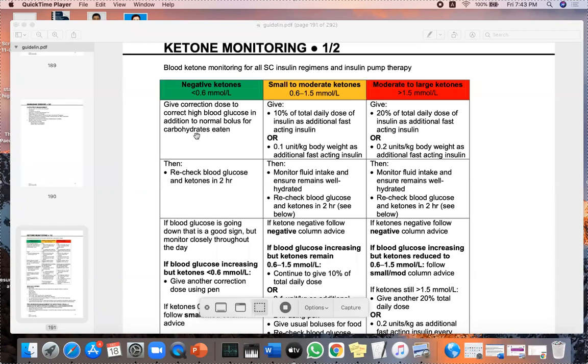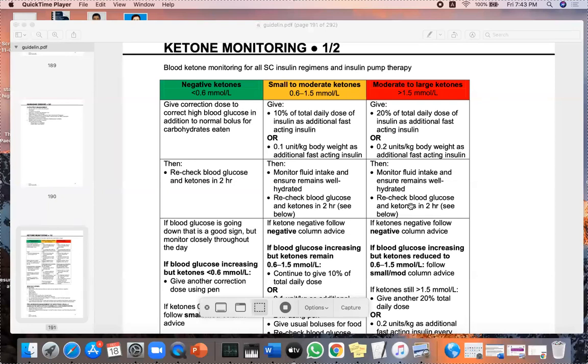So when any patient, a known case of diabetes mellitus type 1, is sick, he can develop hyperglycemia or hypoglycemia. He can develop fever, respiratory infection, or diarrhea, vomiting. Okay.